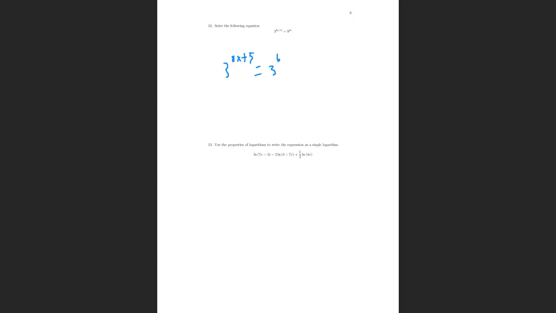So 2 times 3x is 6x. So now we just set these exponents equal. So you just have 8x plus 5 equals 6x. So you just get 2x equals negative 5. We just move the 5 to the other side, 6 to the other side, and you get x equals negative 5 over 2. So not too bad, I would say.